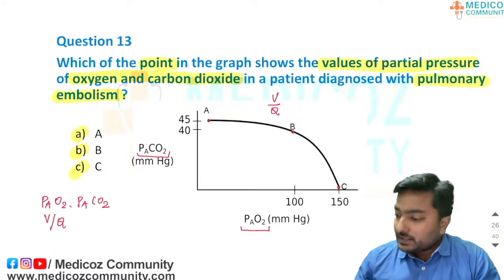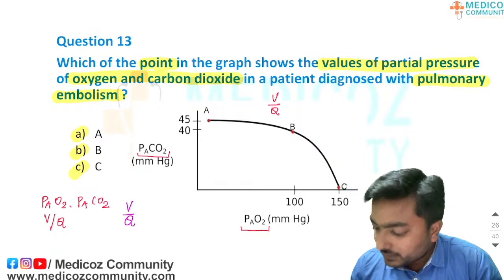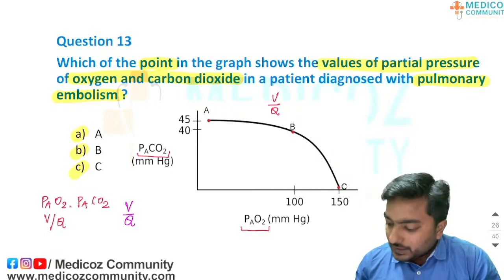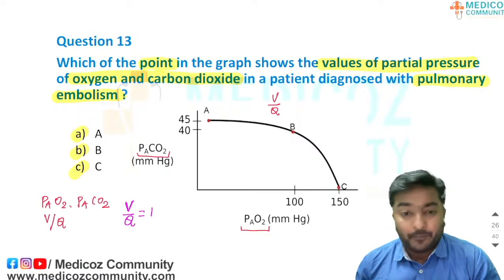Imagine a patient having normal ventilation and perfusion. If ventilation and perfusion are normal, the ratio will be 1.